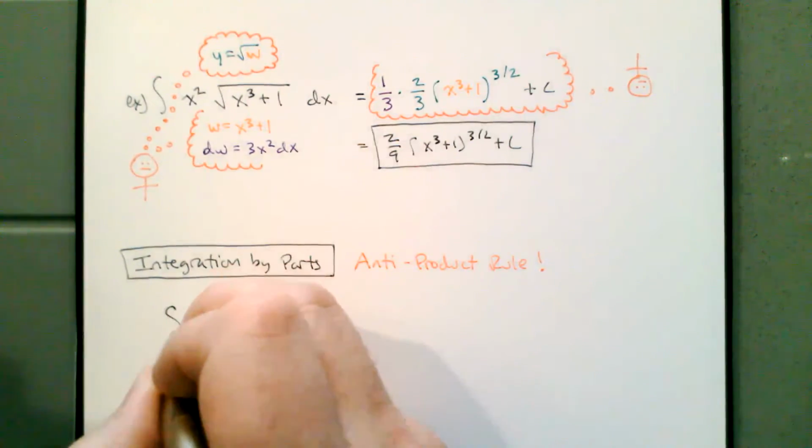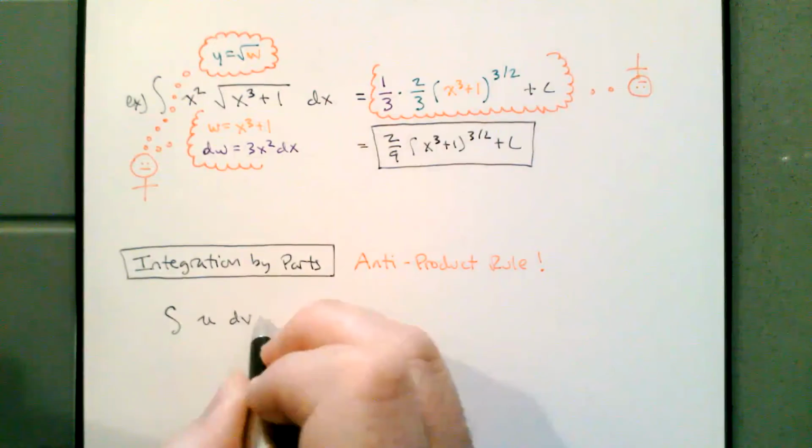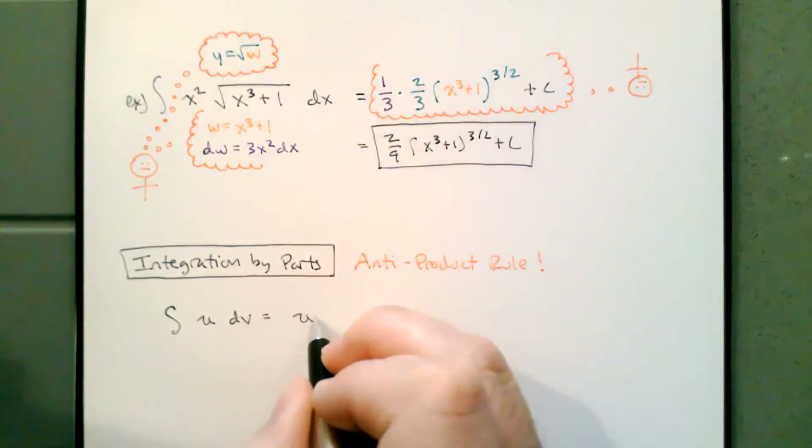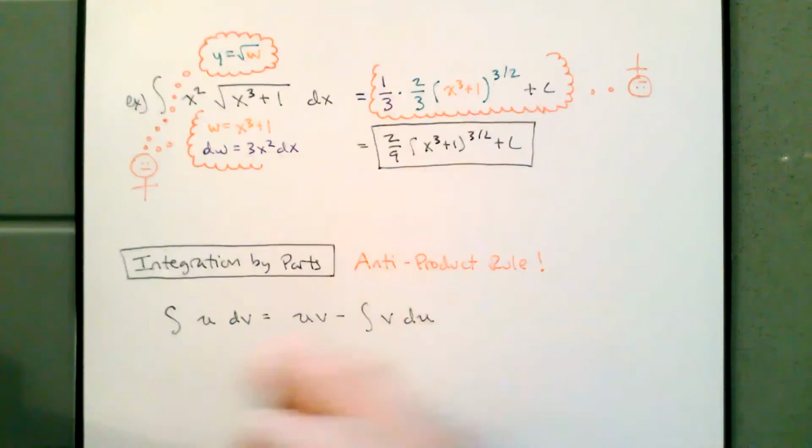So the integration by parts, this is the way that I remember it. It's the integral of u dv equals uv minus the integral of v du.